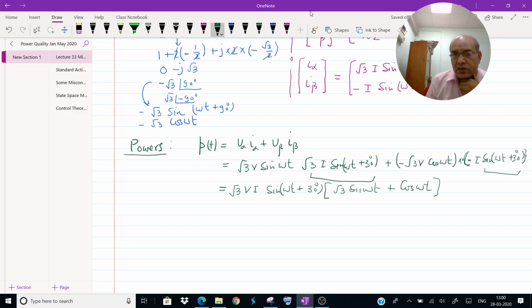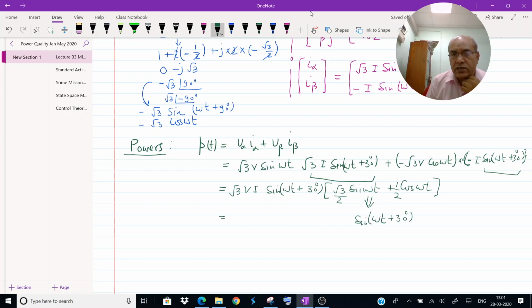Now we will see what this is. We will divide by 2 here and divide by 2 here. Now what is this? This is nothing but sine omega t plus 30 degree, the whole thing.